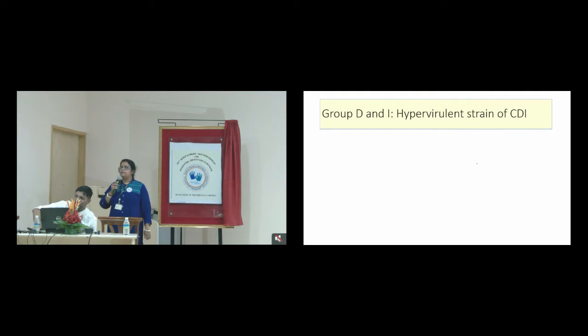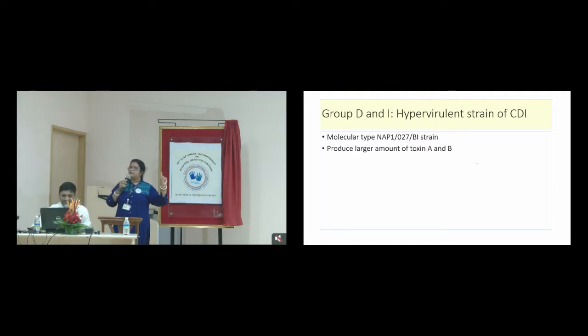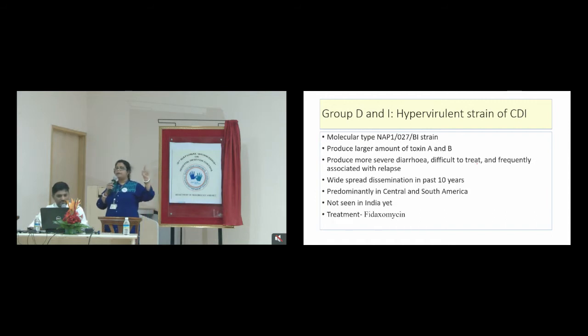It is the ribotype O27. Excellent, very good. It is the binary toxin BI bar, North American pulse field gel electrophoresis type 1 bar, restriction endonuclease analysis O27, PCR ribotype, correct?